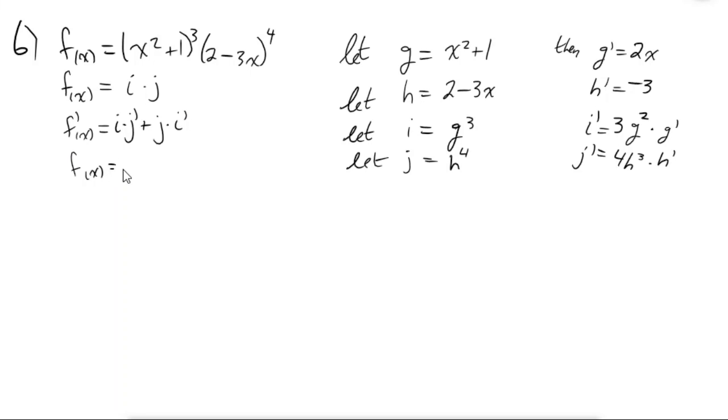So I can now substitute in my information. I is equal to g to the power of 3, and the derivative of j is equal to 4h to the power of 3 multiplied by the derivative of h, plus j, which is h to the power of 4, multiplied by the derivative of i, which is 3 times g to the power of 2, multiplied by the derivative of g.